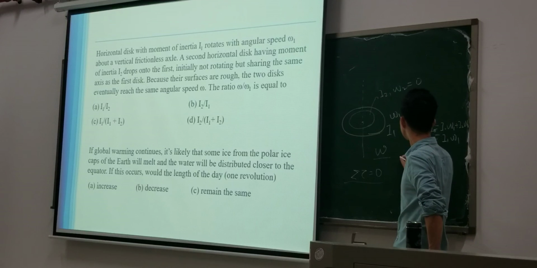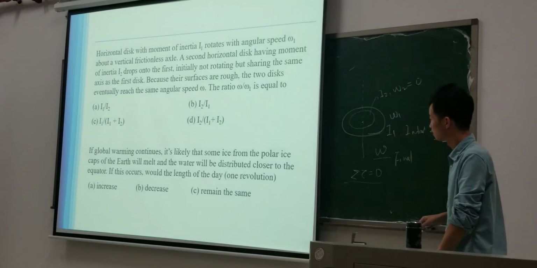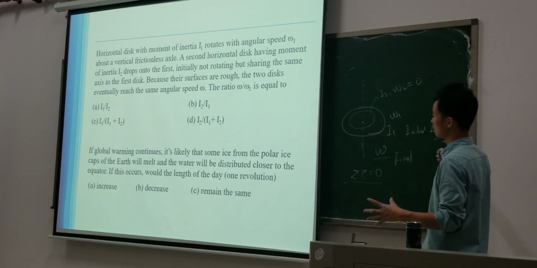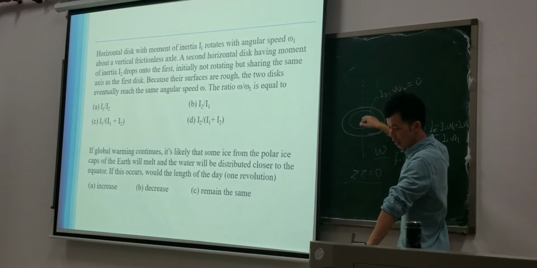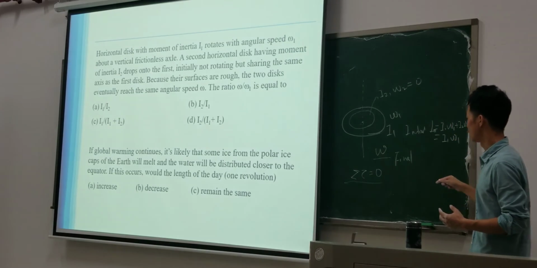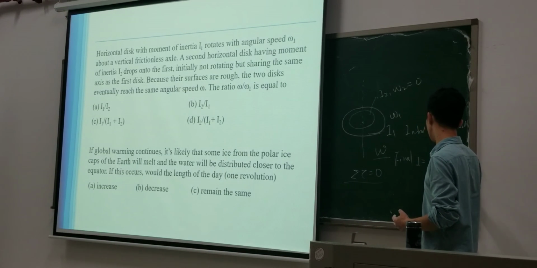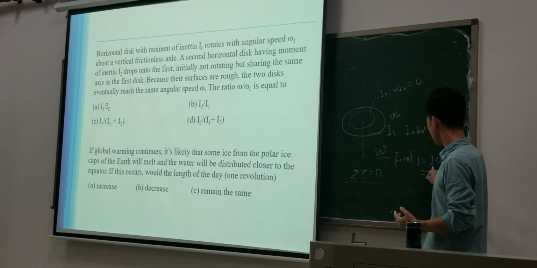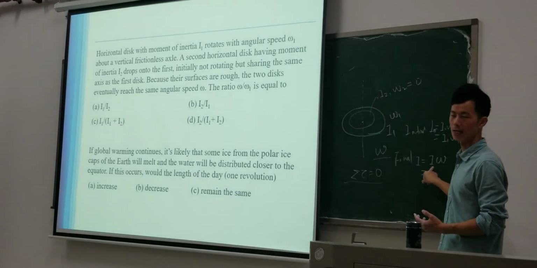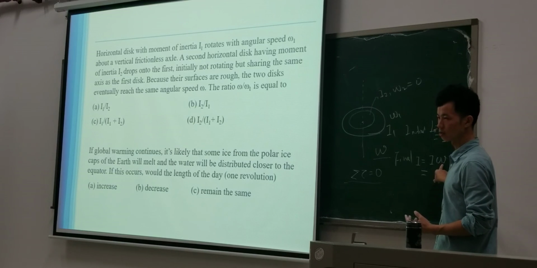And finally, disk 1 and disk 2 have the same angular speed, and the angular speed is omega. So the final L is equal to I omega, where I is the total moment of inertia and omega is the common angular speed.